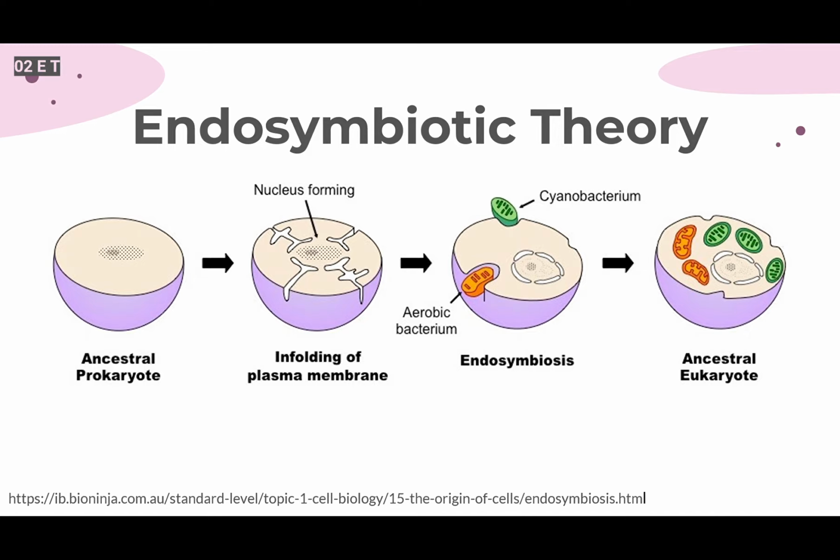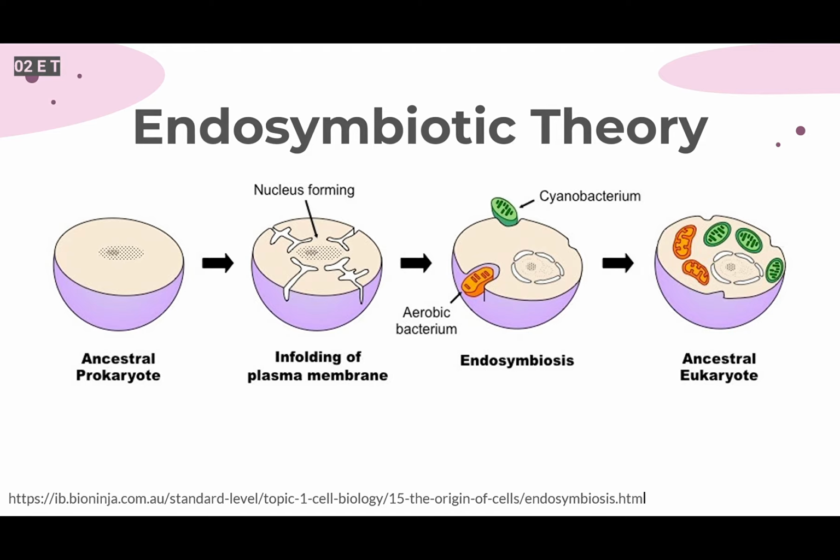So a big prokaryotic cell ate or absorbed a small prokaryotic cell, and then the most cells have membrane-bound prokaryotic cells that duplicate with binary fission.